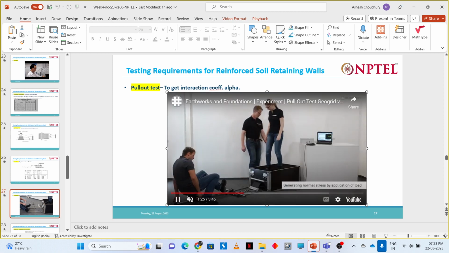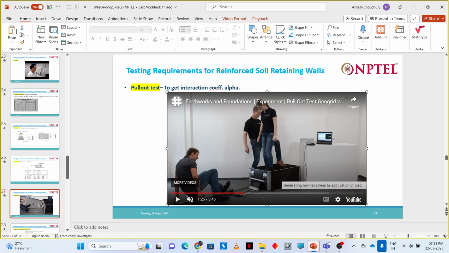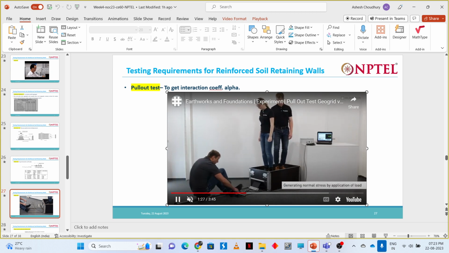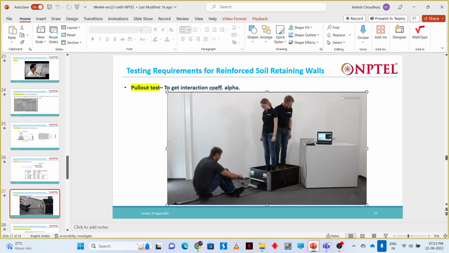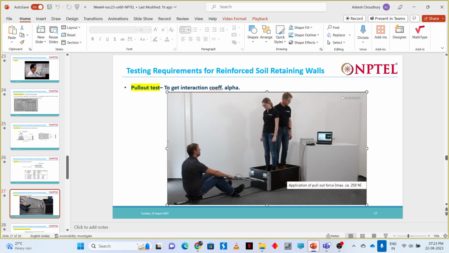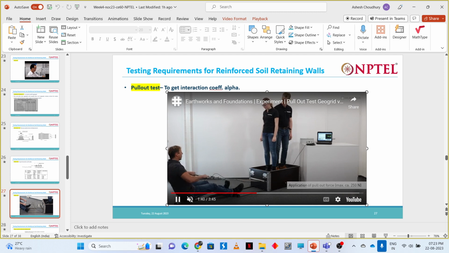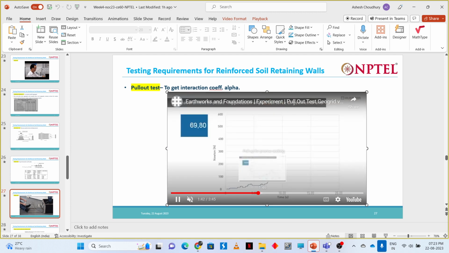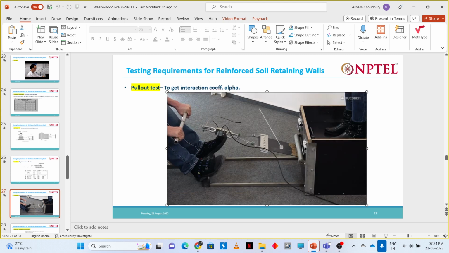Then we put some normal pressure. These two people sitting here are actually generating the normal stress. Then we start pulling. We keep on pulling. We reach a peak load, and then it keeps on reducing.